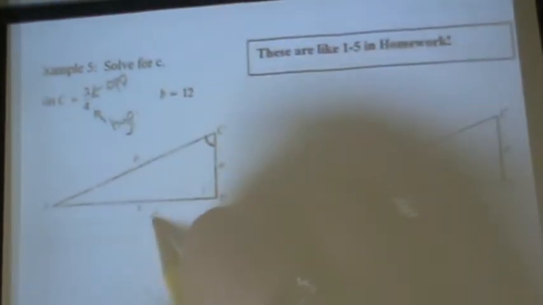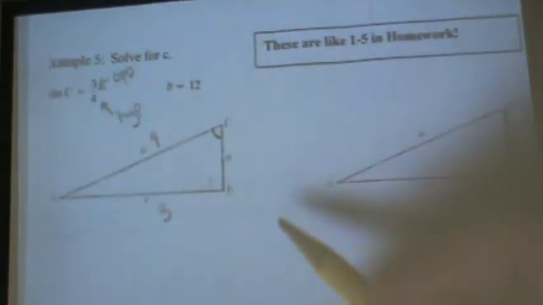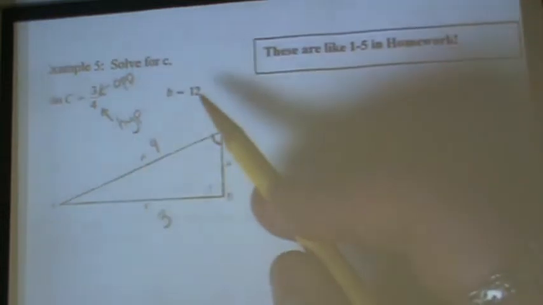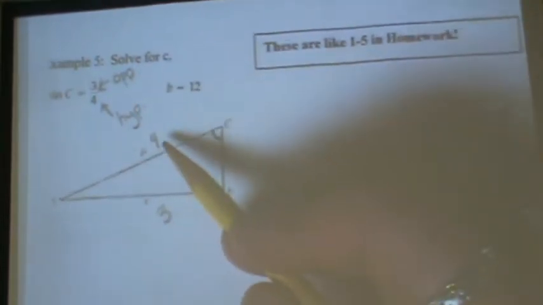So this is your opposite side, this is your hypotenuse. So labeling C, your opposite side is 3, and your hypotenuse is 4. But we're told that B is 12.